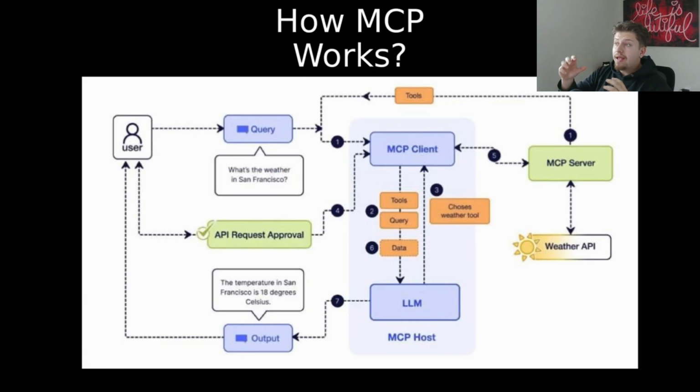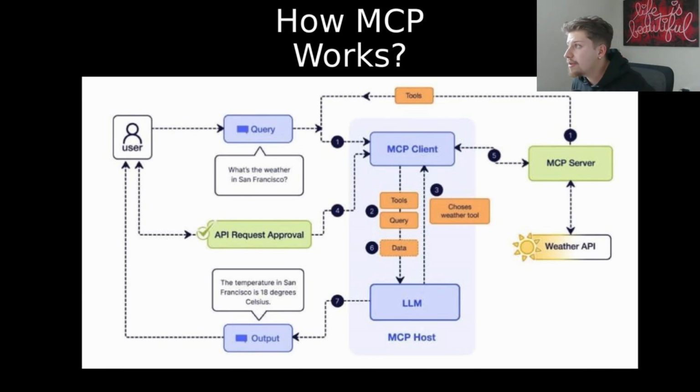Once the MCP client gets the approval for taking the action, it's going to send the request to the MCP server, which is going to actually handle the API, a handshake, I would say. It's going to take the input, process it, and give the output.